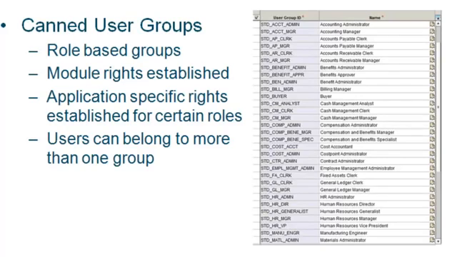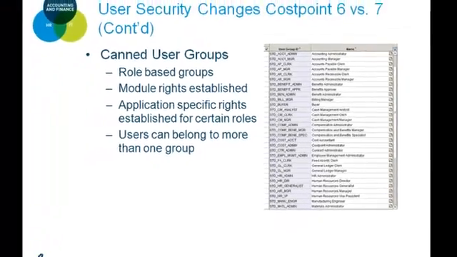Within these roles, module rights have been pre-established, and also application-specific rights for certain roles. And like I said earlier, to reiterate, users can belong to more than one of these canned groups, or one of these canned groups in addition to a custom group.